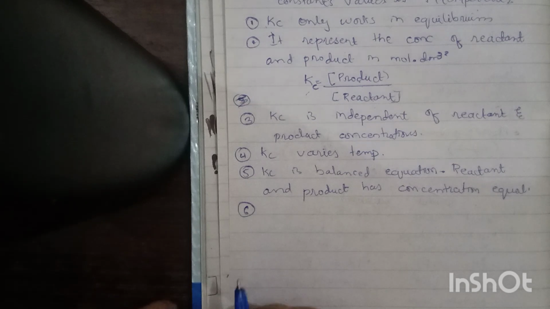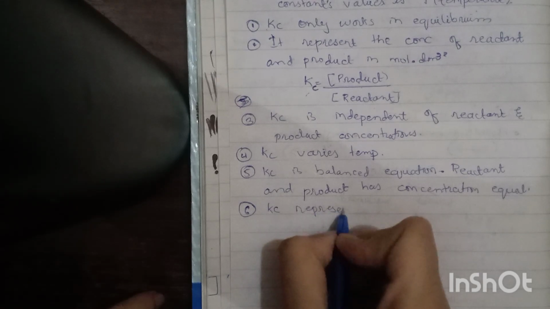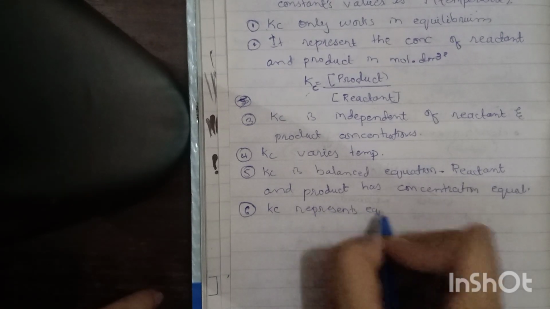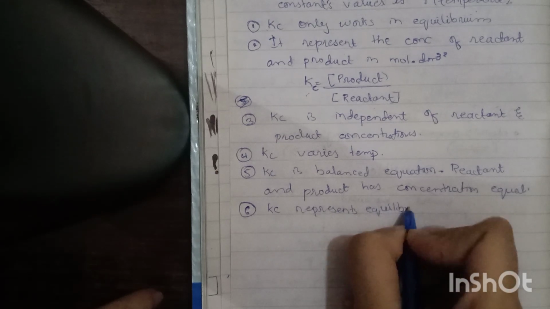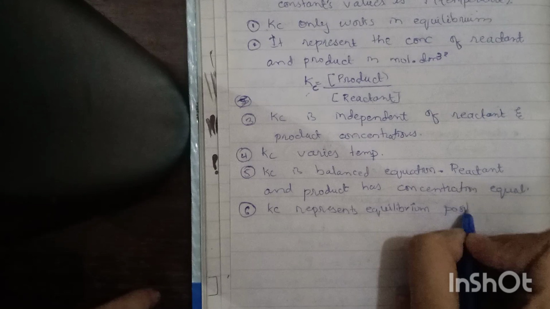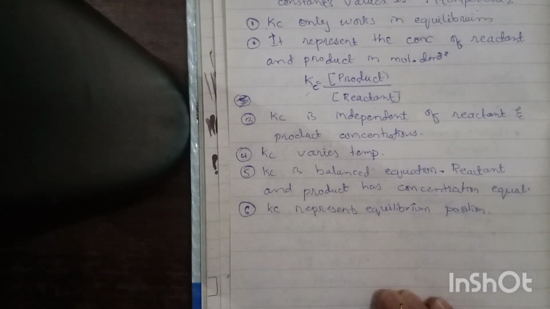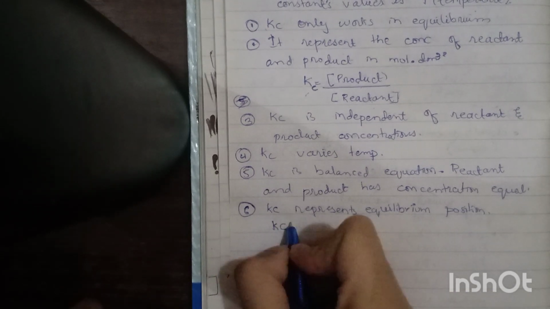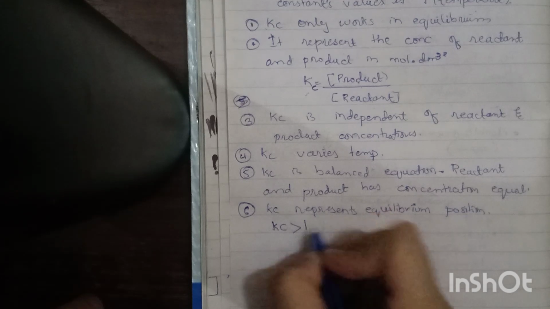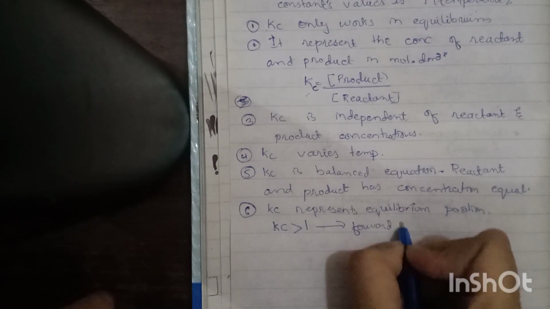The sixth point that we are discussing here is Kc represents equilibrium position. Now, how can Kc tell us the position of equilibrium? For example, if Kc is greater than 1, the reaction is forward.